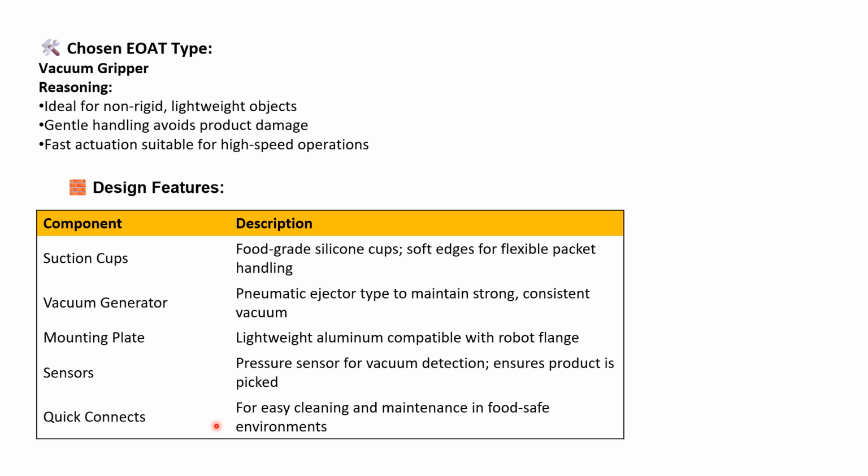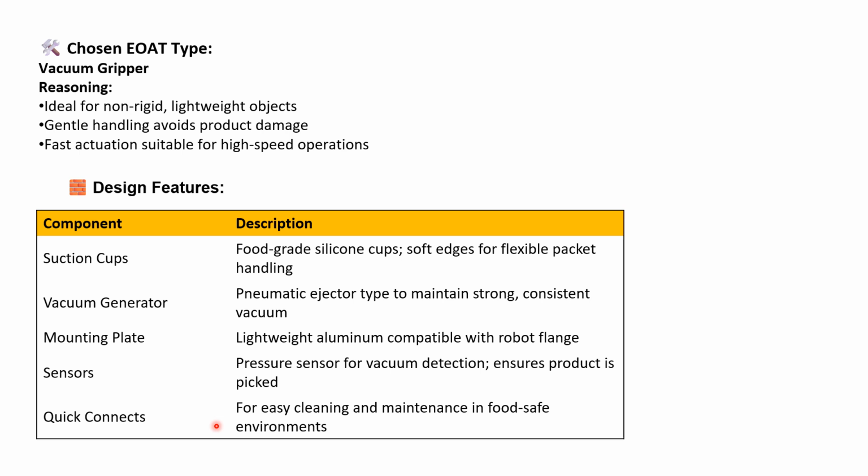Now here we do not require compliance, because if you observe the requirement, we just have to pick and place the packets. There is no specific location point, like a locating pin, that we need to enter and precisely hold.